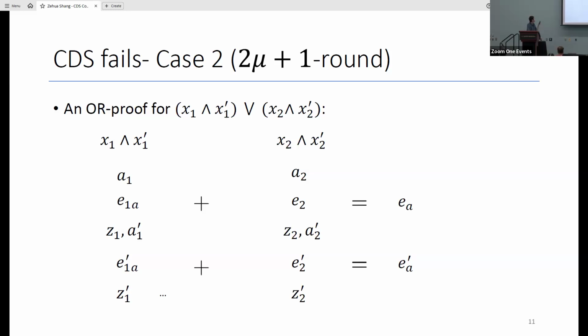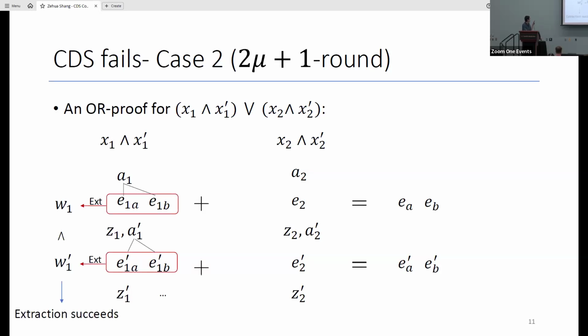Okay, so for our proof for such a composition, the extraction for the first 3 rounds is able to extract at least one of the witnesses of x1 or x2. And the same happens for the last 3 rounds. What the extractor expects is to extract 2 witnesses on the same side.